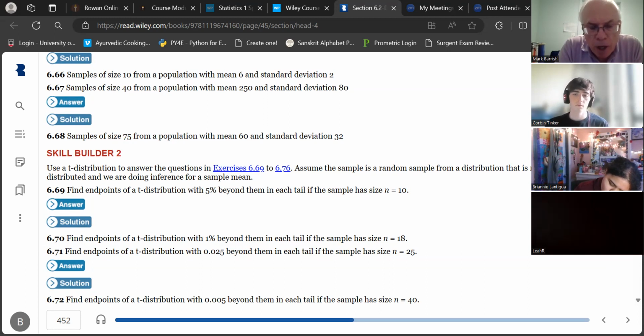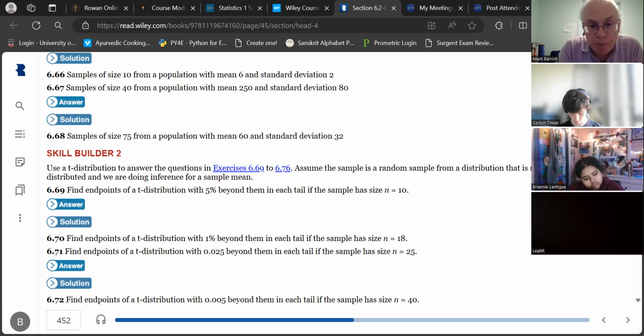Now I should let you know that a t-distribution has a mean of 0, just like a standard normal, but its standard deviation is actually bigger. It's not 1; it's something bigger than that. Okay, so when you make your drawing of the t, and I'll show again, I'll do this in class on Wednesday. Just draw what looks like a normal distribution, a bell-shaped curve, and just make sure that the middle value is 0.